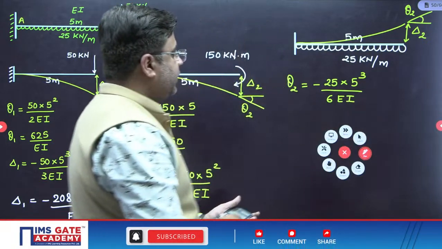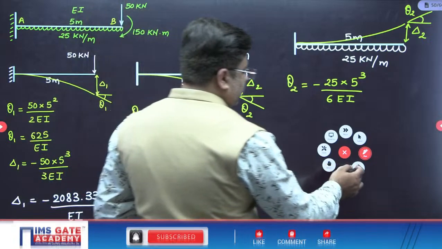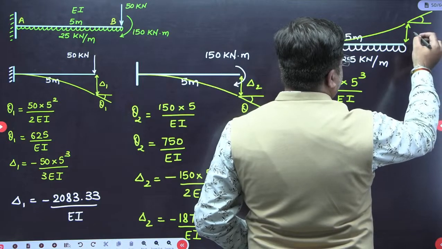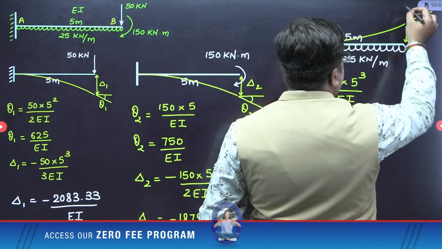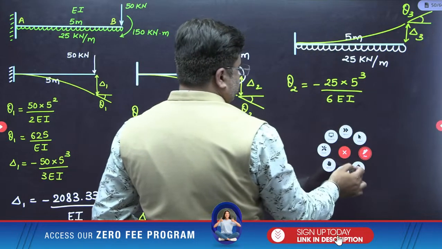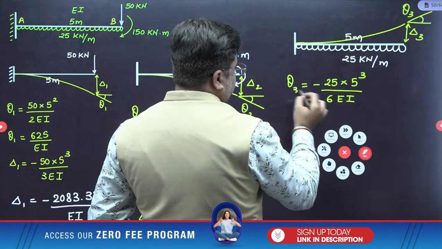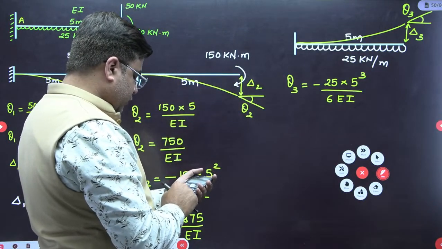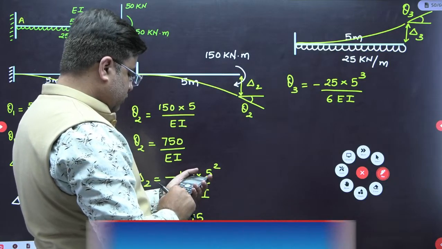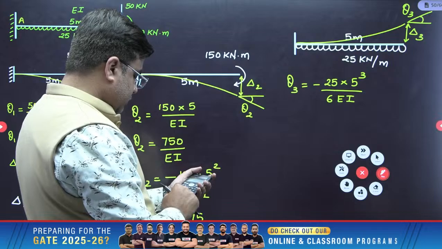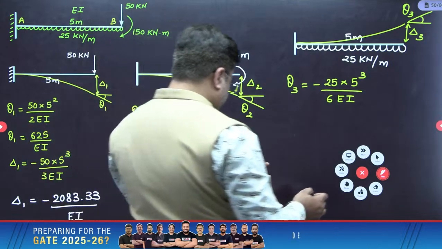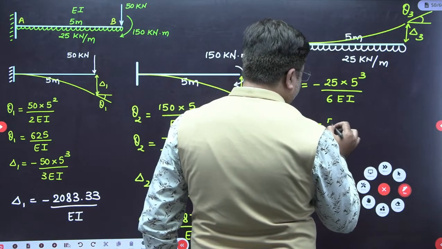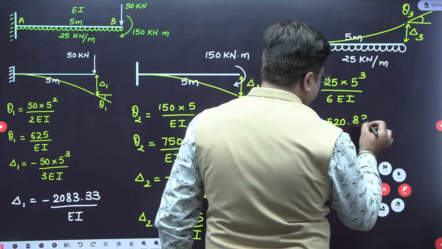Please calculate this. So theta 3 is minus 520.83 upon EI.